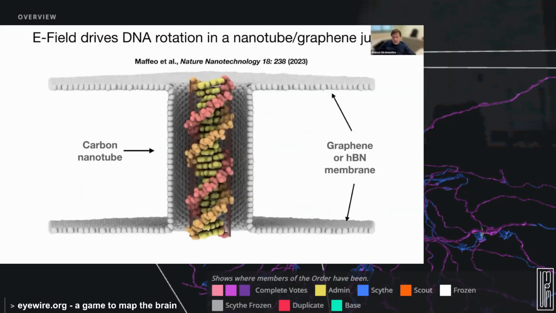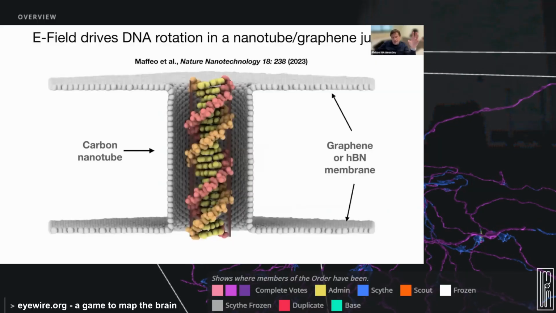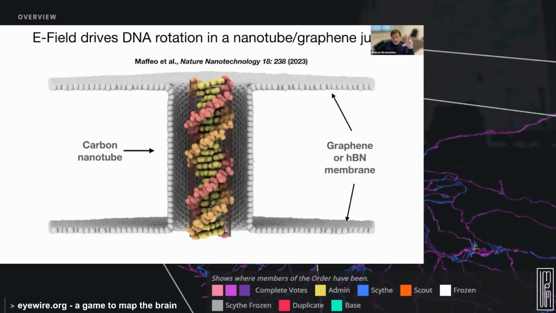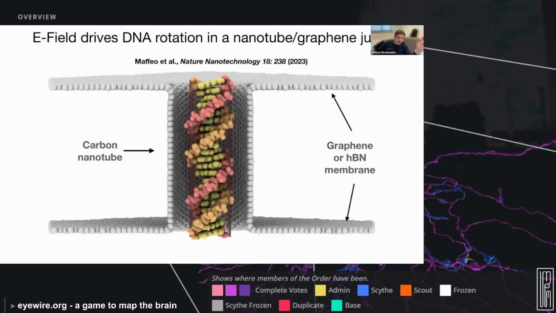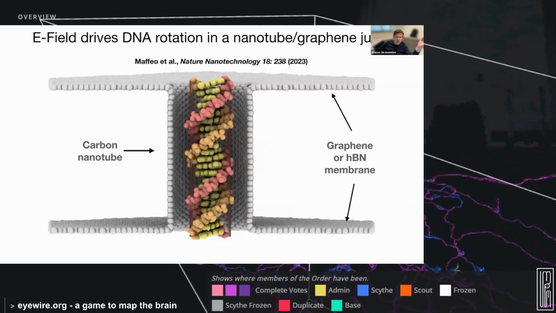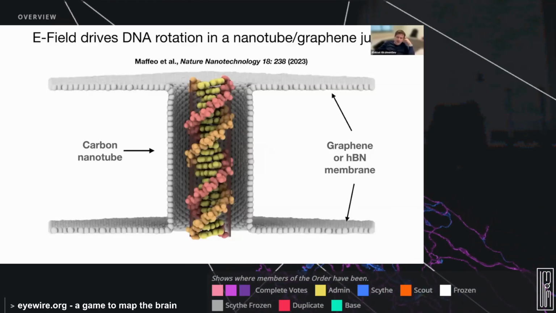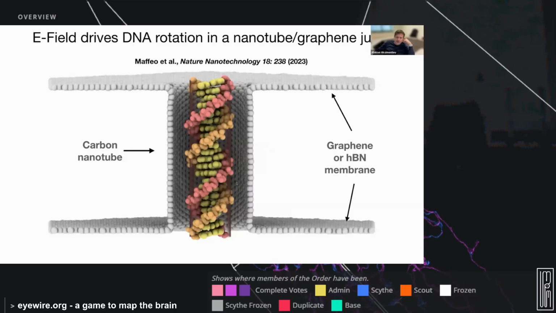Now, how would you actually realize something like that in practice, right? Because previously I just showed you a DNA molecule that was in solution. For all practical purposes, you would have to embed it into a membrane, and this is actually why it's part of the talk.